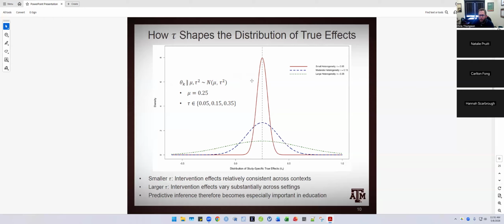And as tau increases, this distribution of true effects goes from fairly peaked, to sort of in the middle in terms of peakedness versus a flat prior, quote unquote, to the last one, the one with tau equal 0.35.